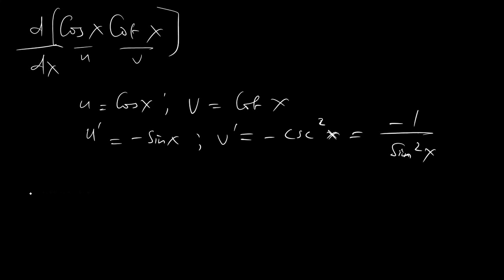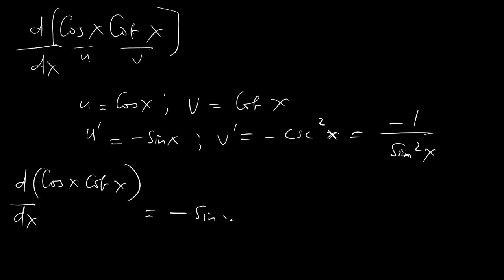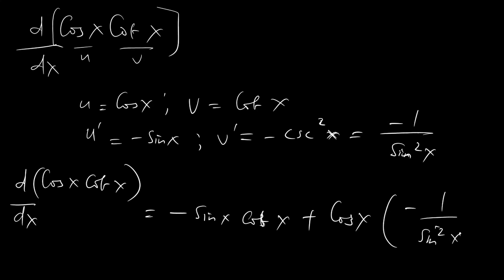So the derivative of cos x cot x with respect to x is equal to u prime times v, that is minus sine x cot x, then plus u, which is cos x, times minus 1 all over sine square x.